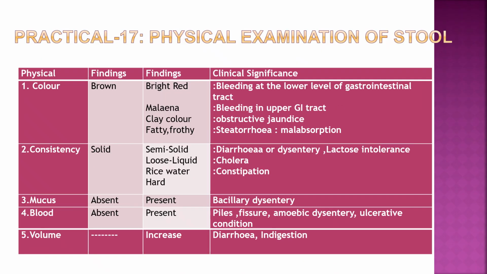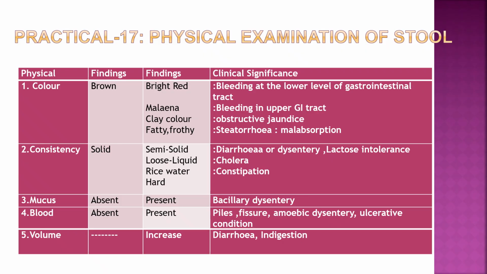Physical examination of stools. The points are color, consistency, mucus, blood, and volume. Color is normally brown, and if abnormally red, maybe because of bleeding. Melena is because of bleeding in the upper GI tract. Clay color or fatty color is seen in obstructive jaundice or steatorrhea, that is malabsorption.